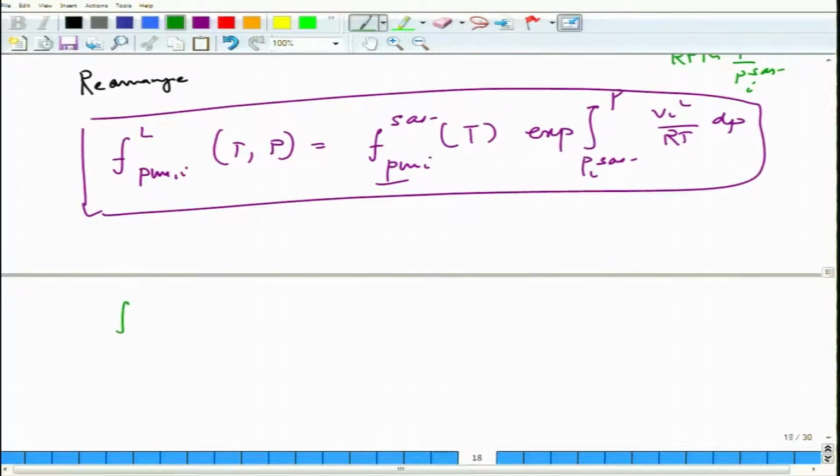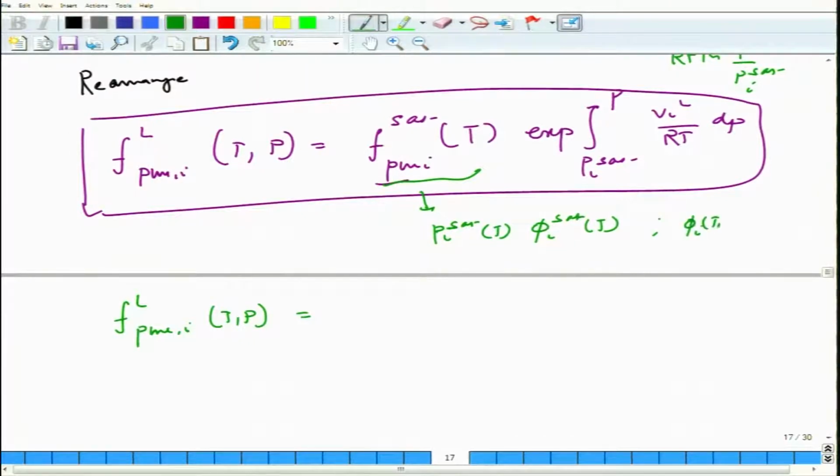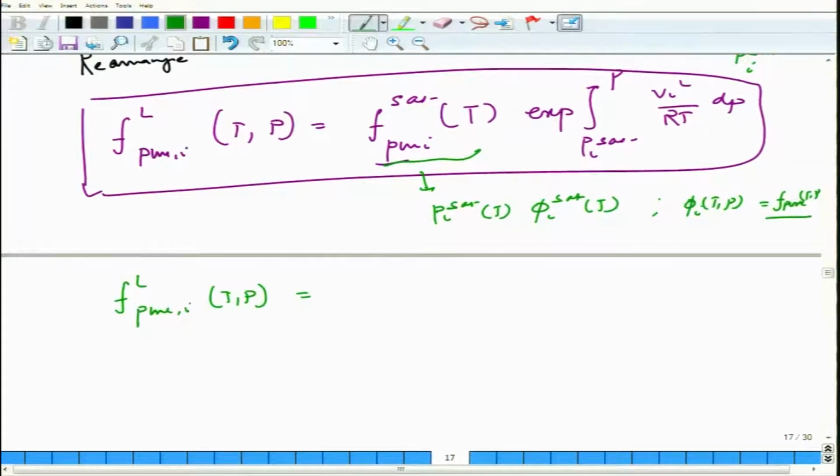So I can write f of L pure I at T and P as Pi sat at T and phi I sat at T. Note that the definition of the fugacity coefficient is phi I at T and P is f of pure I at T and P divided by P. So basically the fugacity coefficient is f by P. Now I can replace this expression in terms of the fugacity coefficient.